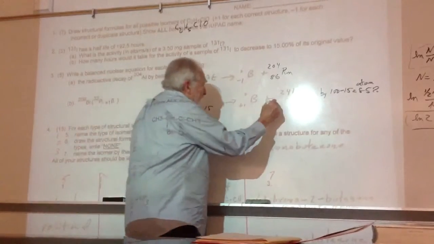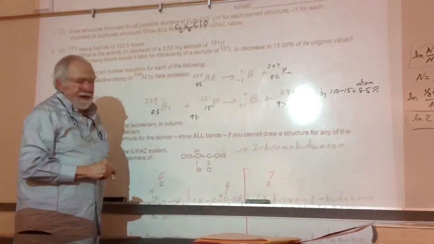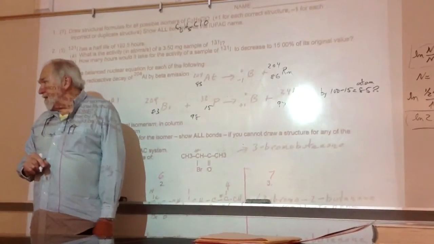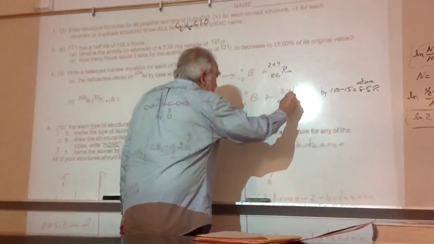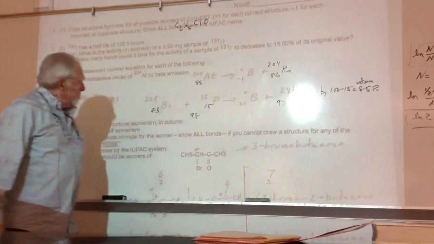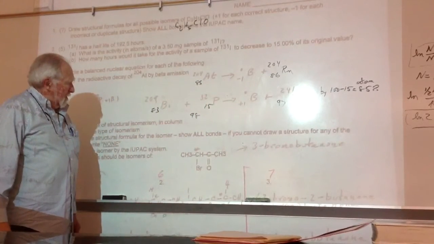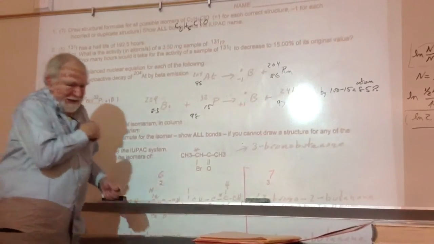And so it's 97 over here, plus 1 makes 98. And then I look for element 97, and it says berkelium. Now that I worked that out, I can write it down.